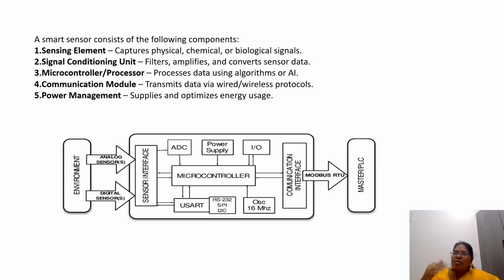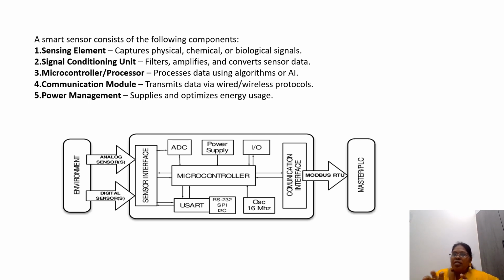The next step is sending the sensor data to the controller. Here we are using the microcontroller, which will process the sensor data using different algorithms. Nowadays we have artificial intelligence, so using those algorithms, it processes all the data that comes from the sensor.